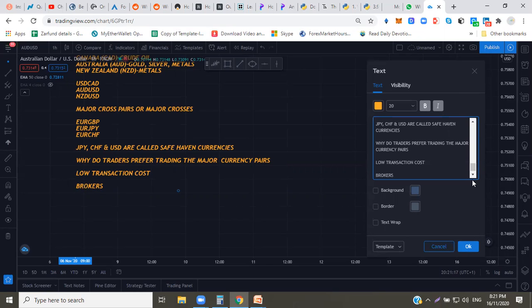The broker is the intermediary between you and the market, as it were. The broker is your access to the market. It's just like, for example, if you want to trade in the stock exchange, you can't just go to the stock exchange in Lagos and walk inside and say, I want to buy shares.